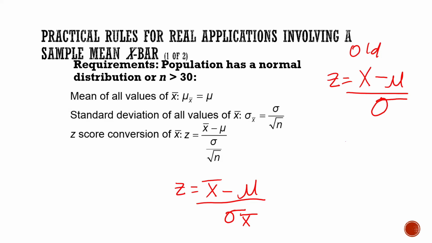It's x, because before, if I want to know Bobby's z-score, that's an individual, one piece of data. I put Bobby's height into that formula, and since he's just one person, I would want to use the population standard deviation. But here, to figure out how unusual or extreme a sample mean is, I would want to use a sample mean.